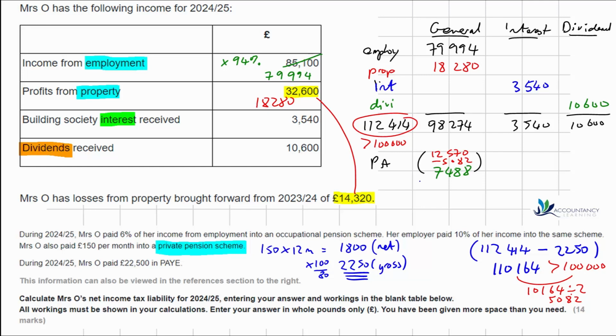So when we look at our totals then for the 3 types of income, we have 98,274 less the personal allowance of 7,488. So our general income is 90,786. Our savings income 3,540, and our dividend income 10,600.